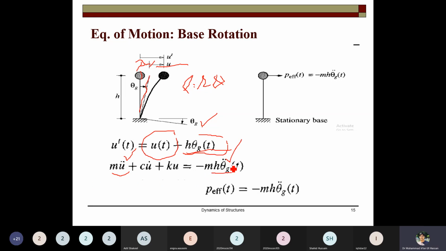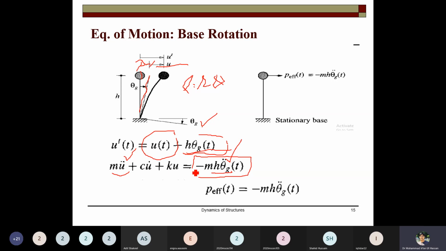So again, a system which is subjected to the ground or base rotation, you can write as m u double dot plus c u dot plus k u is equal to minus m h theta g double dot, and this is basically the equivalent force. Or you can represent the system in this form.